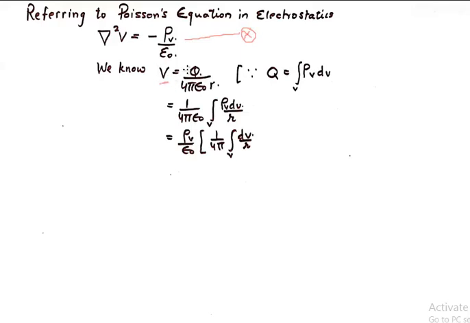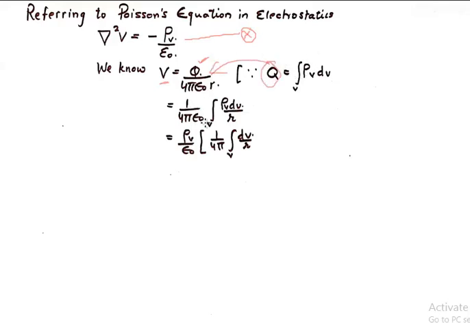Otherwise, voltage is referred to as Q upon 4 pi epsilon naught into R, and Q is charge. I can express charge in terms of charge density, which is rho V dV, volume integral. I substitute the value of Q here.